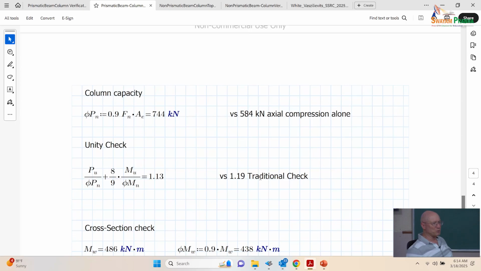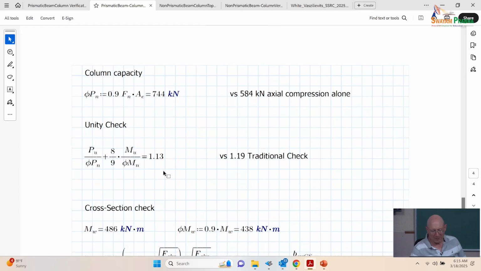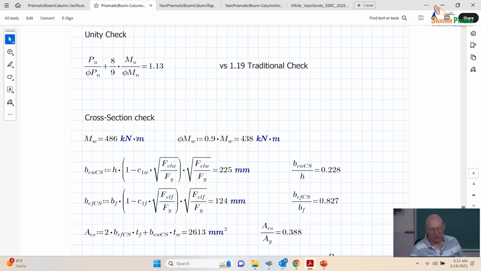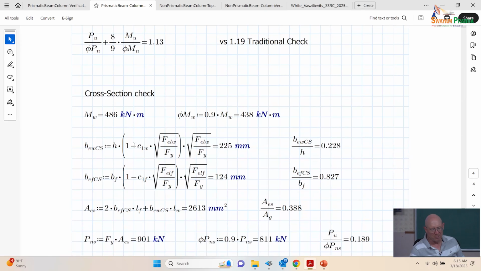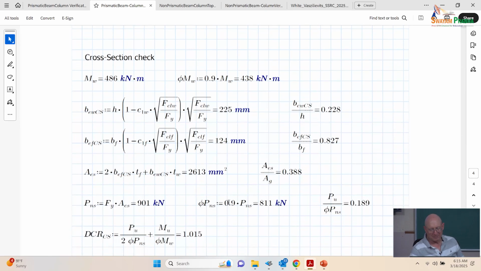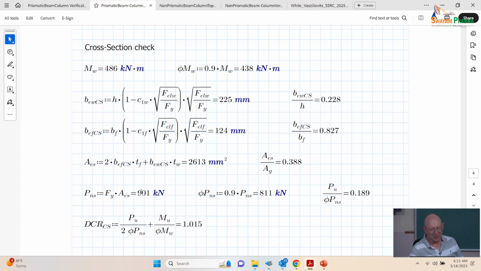And so that's a loose argument for the general method giving you a better representation, and it's allowing you to take advantage of various attributes, where with a tool like Consteel you can capture various continuity effects in the structure and various complexities of the geometry. Now in terms of the cross-section check, again it would be an MW for the flexure and a PNS for the axial.